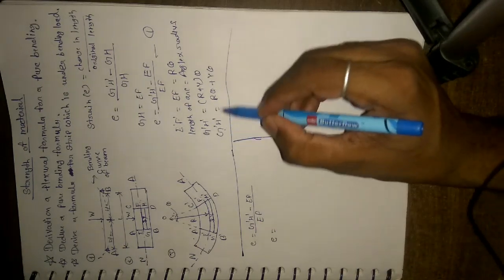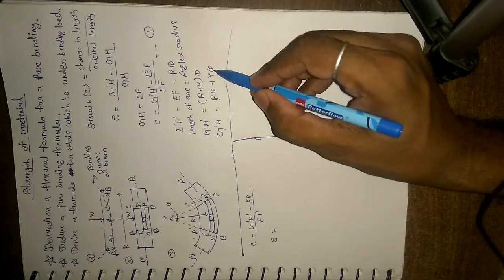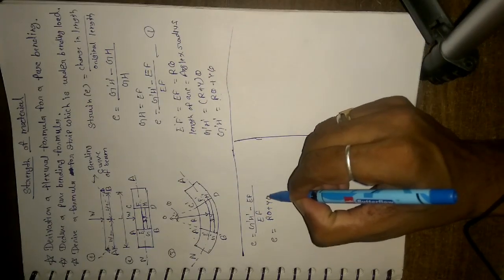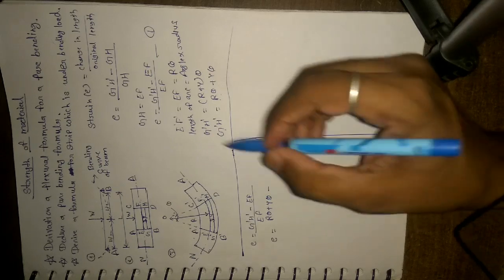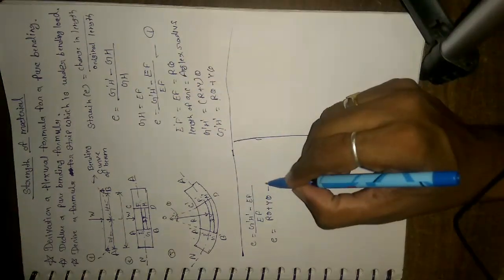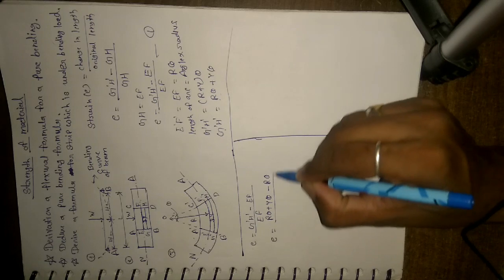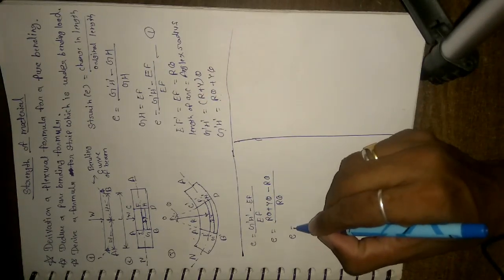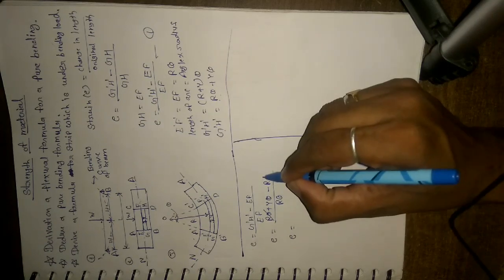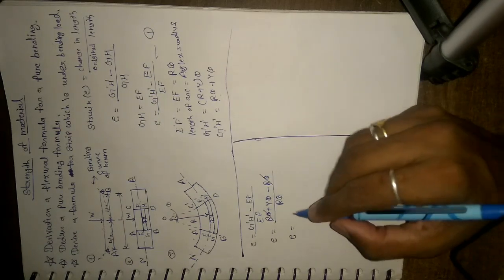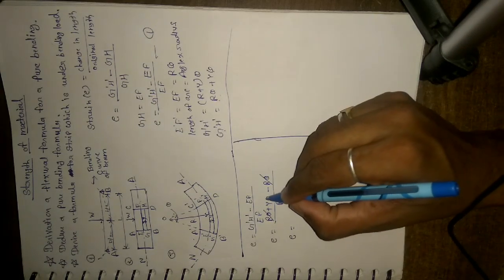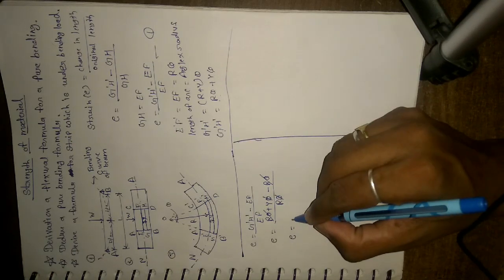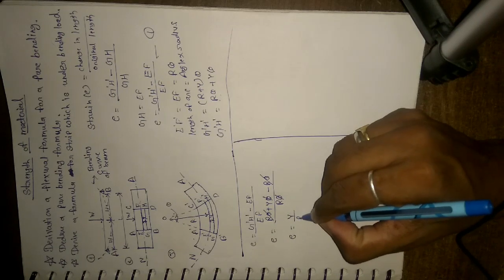So e equals G dash H dash, which is R theta plus Y theta, minus EF, which is R theta, upon EF, again R theta. So R theta will be cancelled out and theta will also be cancelled out as numerator upon denominator, so e equals Y upon R.